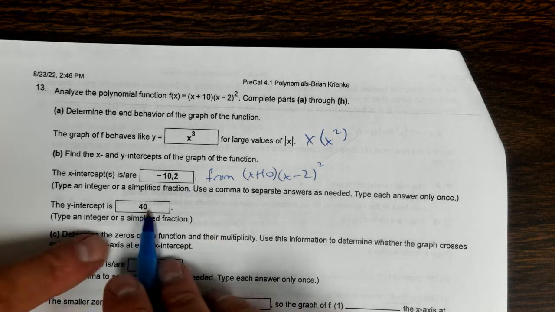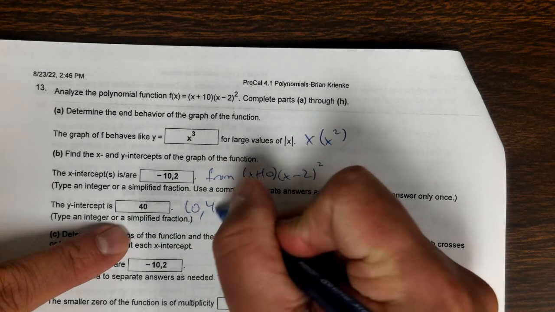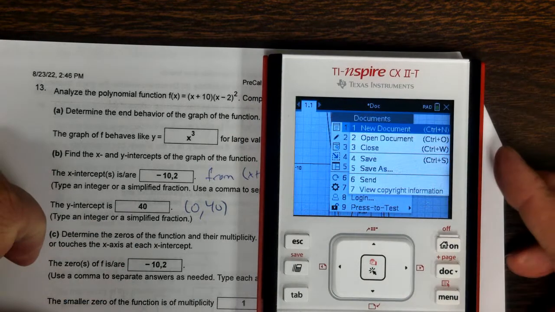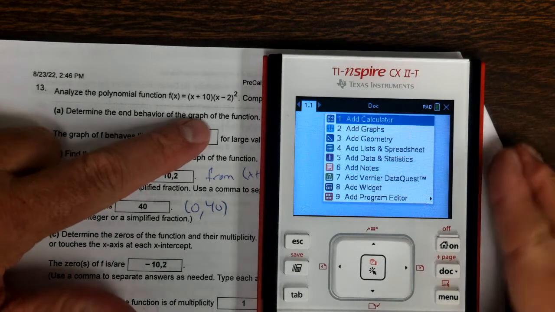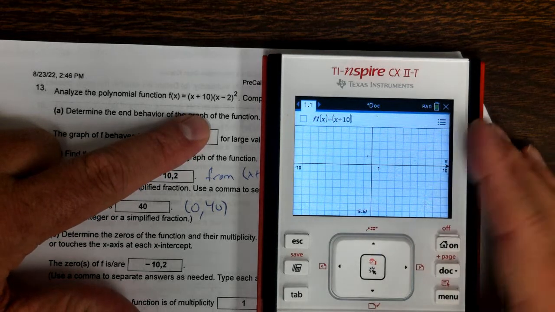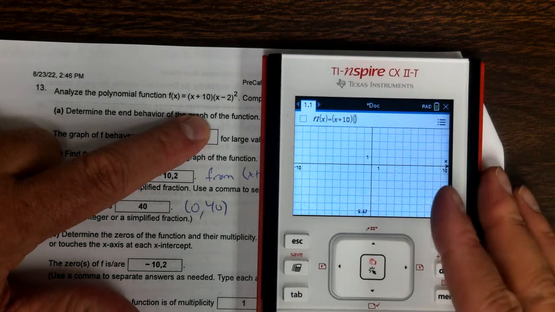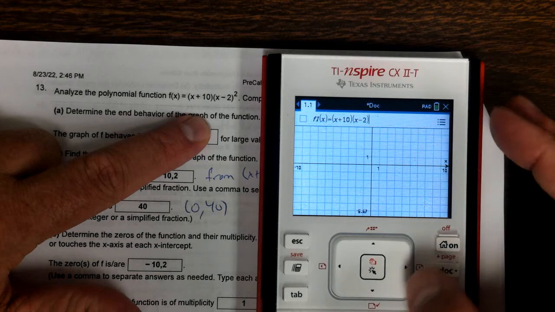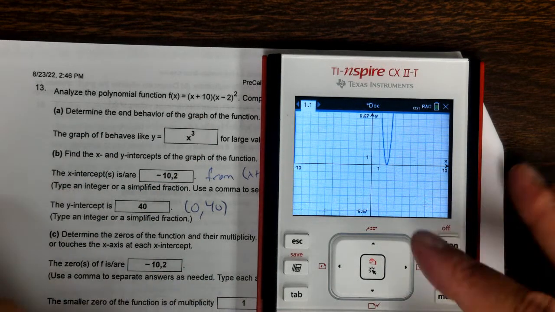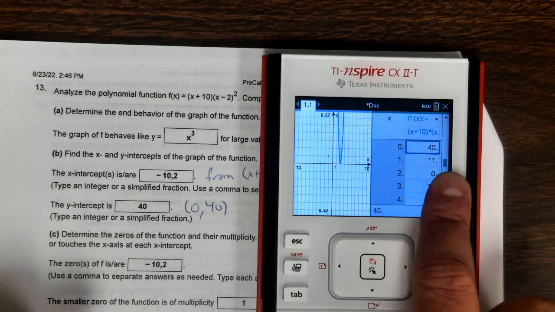Now for the y-intercept, it's apparently 0, 40. Let's graph that. X plus 10 and x minus 2 squared. Okay, I go to my table, and then at 0 it is 40.